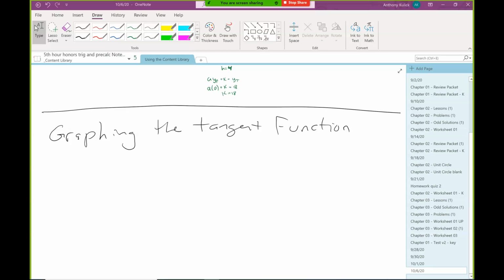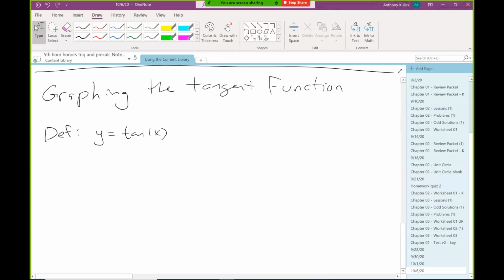So what we're going to do is start with a little bit of an information dump. If we have the parent function for tangent, it's just y equals tan x.